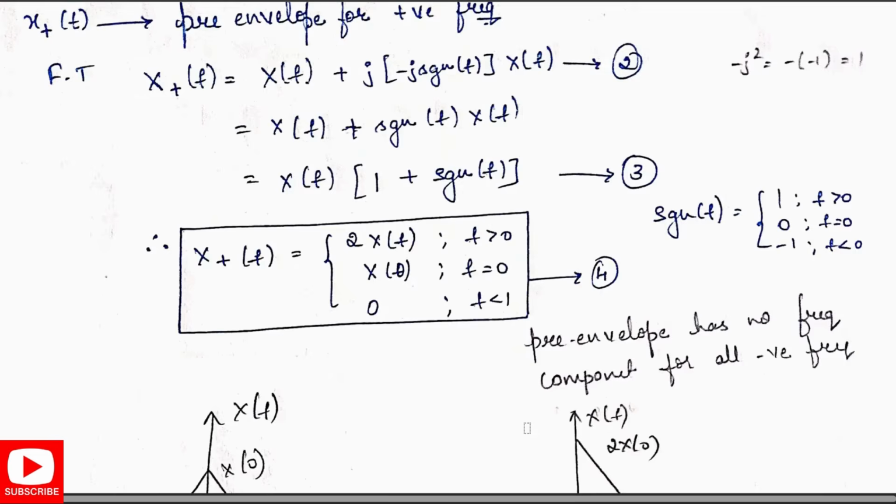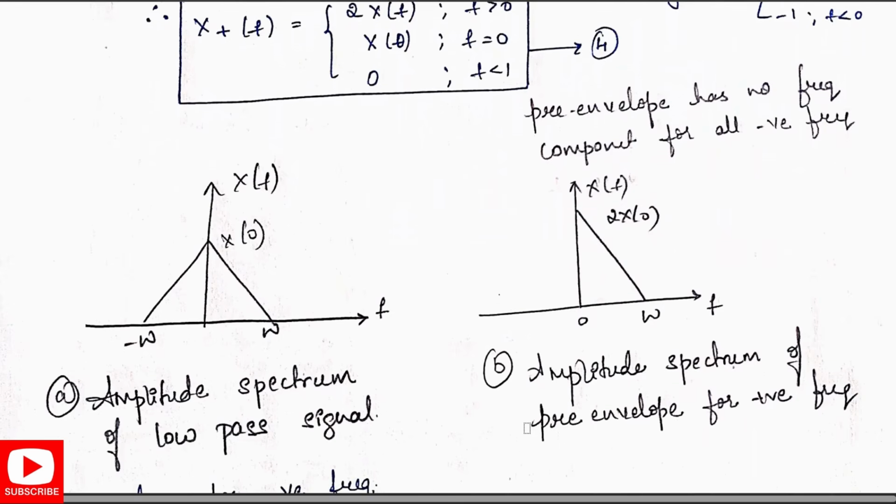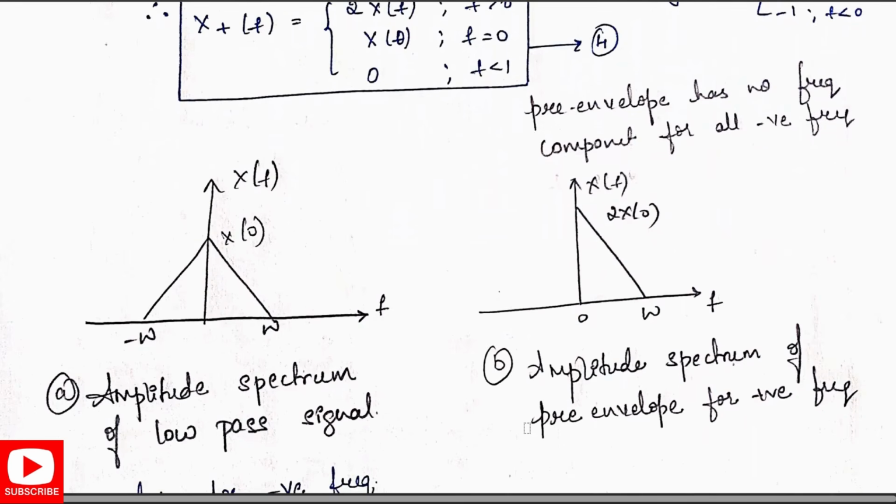The pre-envelope for the positive frequency has no frequency component for the negative frequency, and it can be represented like this. The first is the amplitude spectrum of the low pass signal. This is the representation, and this is the amplitude spectrum of the pre-envelope of the positive frequency. You can note here there is no frequency component in the negative part.